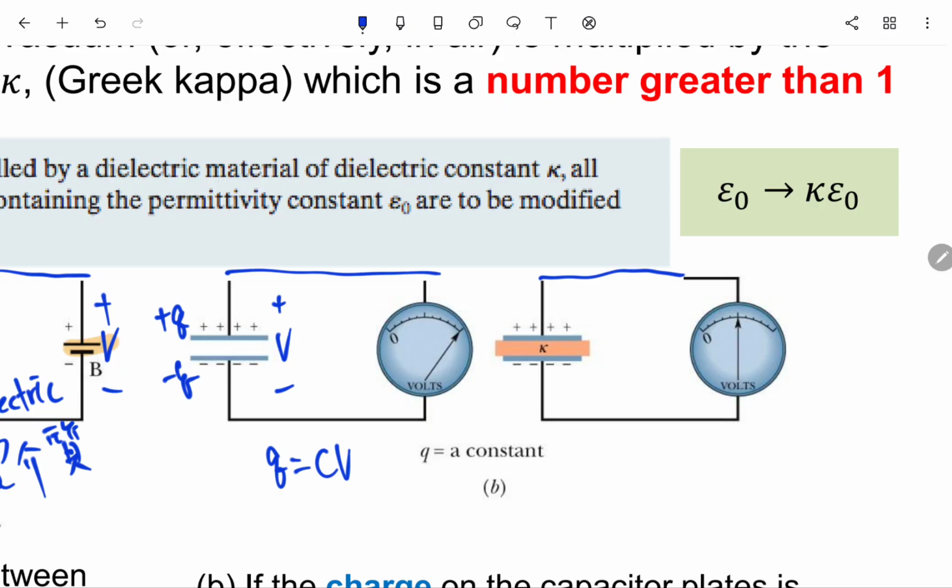After disconnecting the battery, the capacitor is like hanging, floating, so no charge can move out or move in. So Q remains the same.